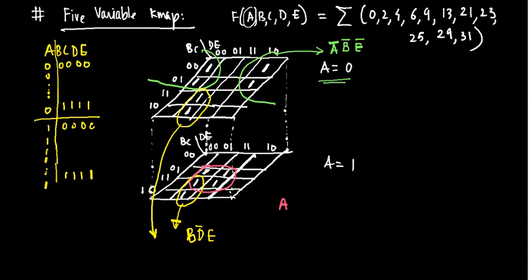Then C. Very good. C is remaining constant and E. Alright. समझ गया? So final expression becomes, बोलो, B D bar E, or ACE, or बोलो, A bar B bar E bar.